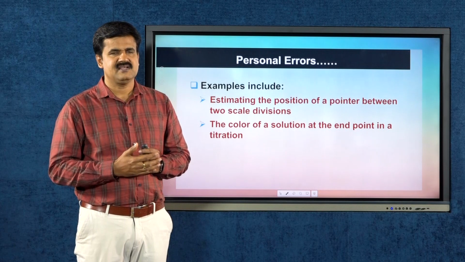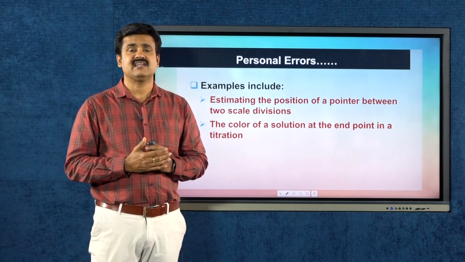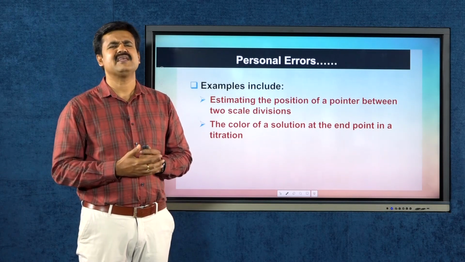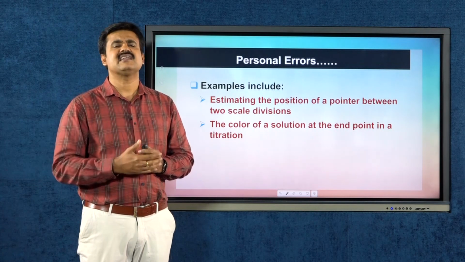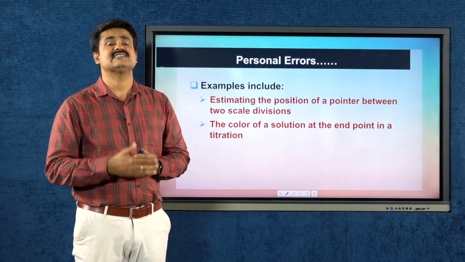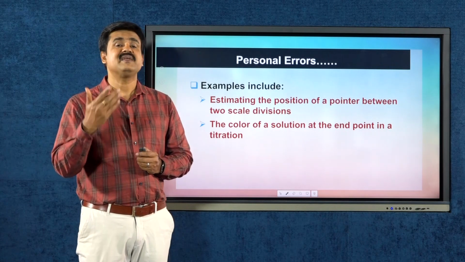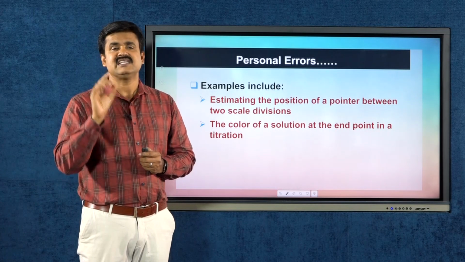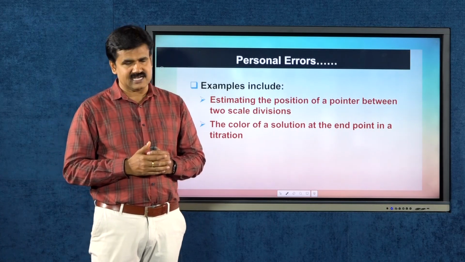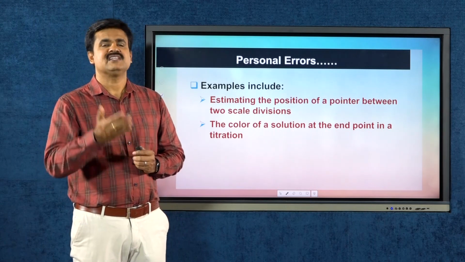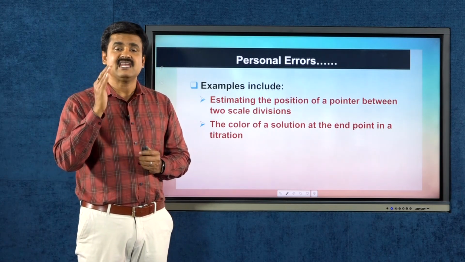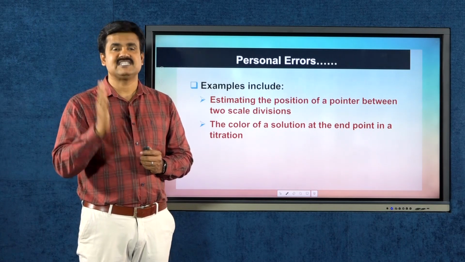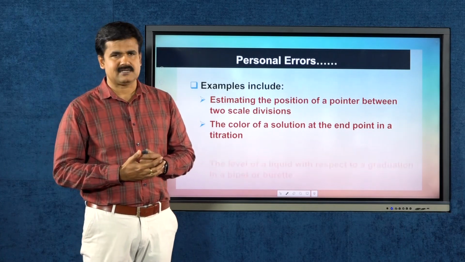You know that the end point of a volumetric analysis or titration is generally noticed by a color change. For example, in acidimetry and alkalimetry, you are using acid-base indicators like phenolphthalein, methyl orange, etc. The color change should be noted, and the color change is marked as the end point of the reaction. Whenever you are noticing the color change of an indicator in a particular volumetric reaction, if you fail to make a proper judgment, it may lead to personal error.